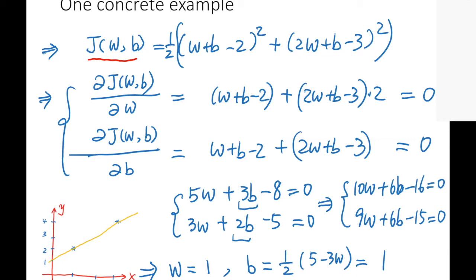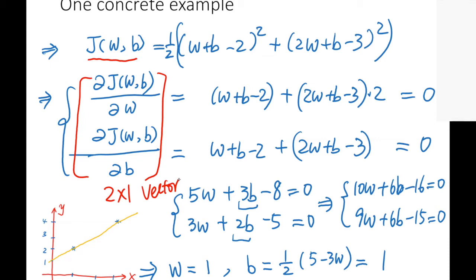I take the partial derivative of this loss function with respect to w, and another partial derivative with respect to b. Together this builds a 2 times 1 vector. This is my gradient vector.